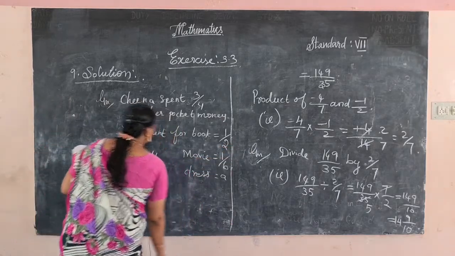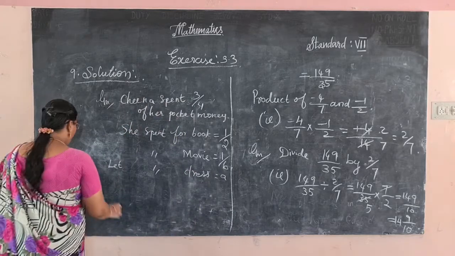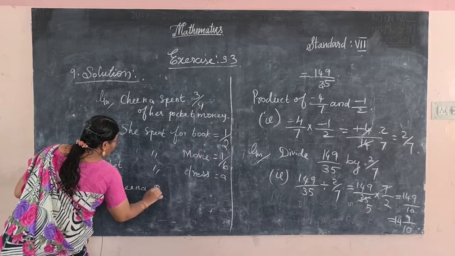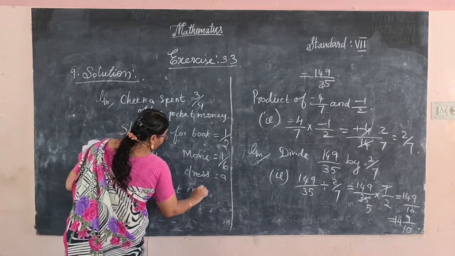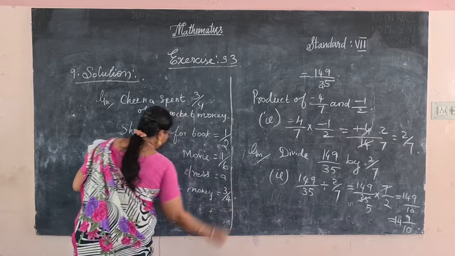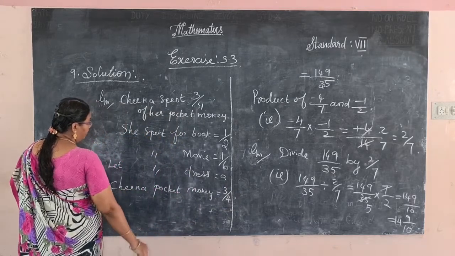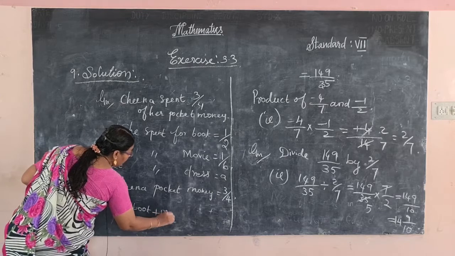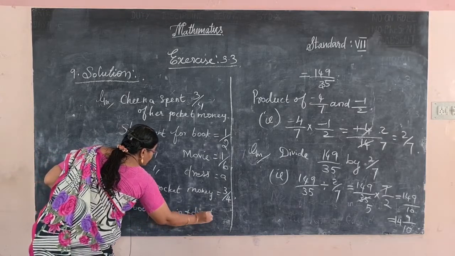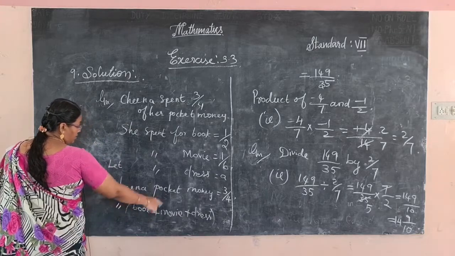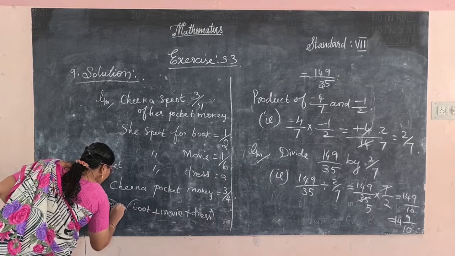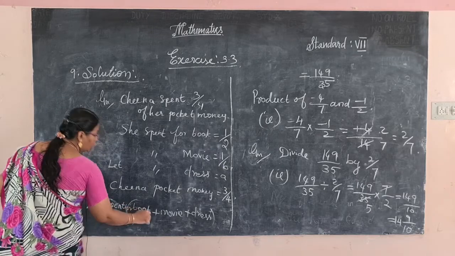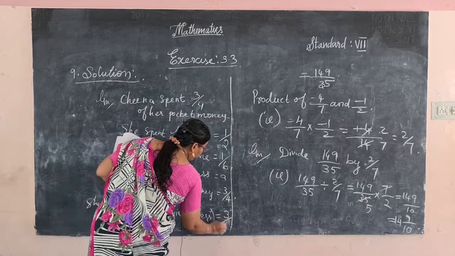So we know the whole pocket money. Sheena's pocket money spent for book, movie and dress is equal to 3/4.